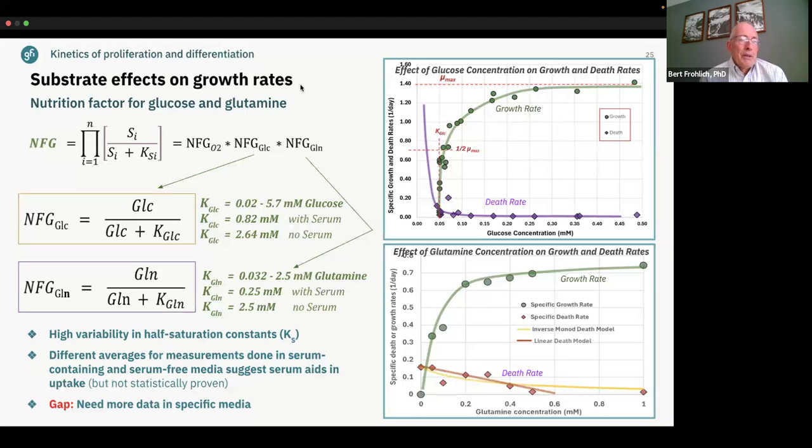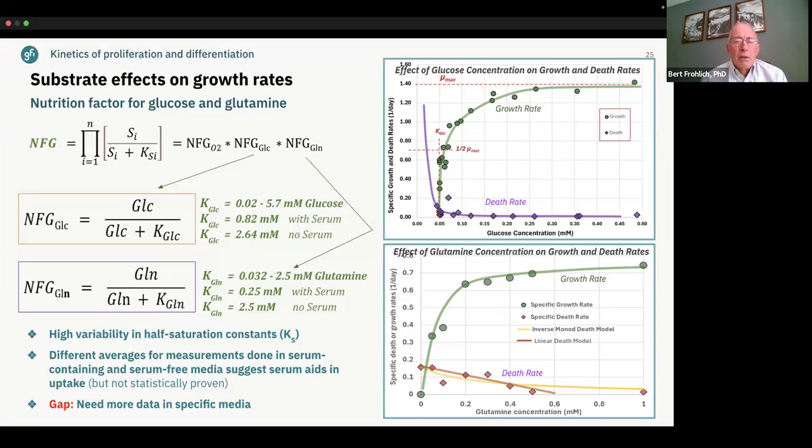This would be the first term, the nutrition growth factor. We looked for data for the 3 major natural substrates of animal cells. And we found quite a bit of data for glucose and glutamine. And the 2 graphs on the right are just examples. Those are probably the cleanest data sets we could find, just to show you as an example.